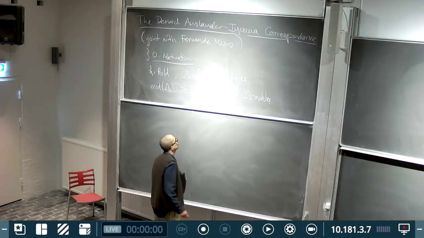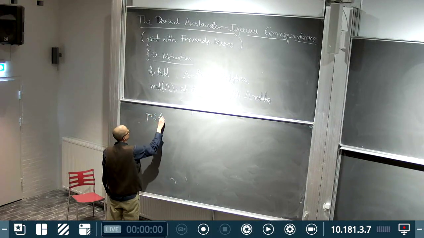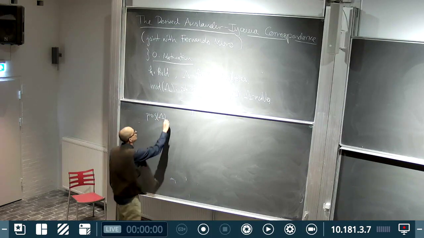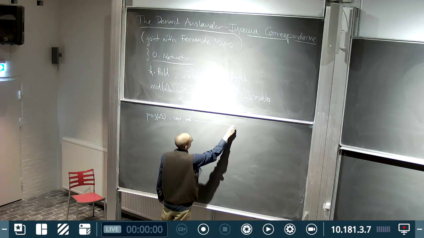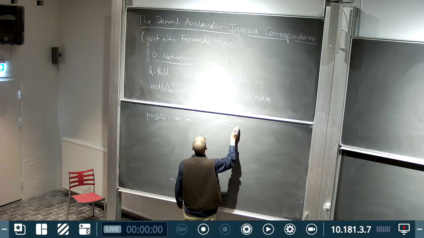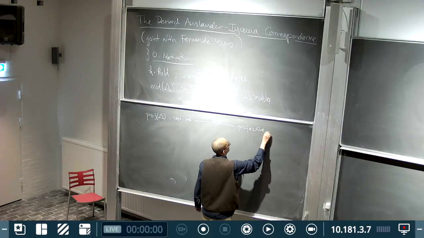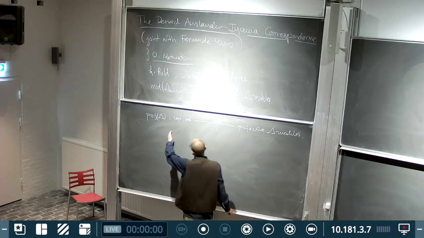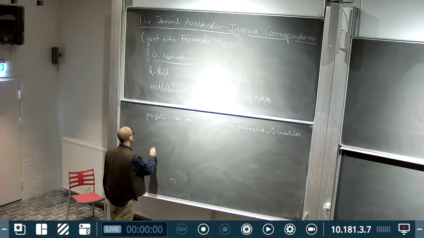We'll also introduce some more notation that will be useful later on. We will write proj Lambda for the category of finite dimensional right projective Lambda-modules. This is of course the full subcategory of the category of all finite dimensional right Lambda-modules.